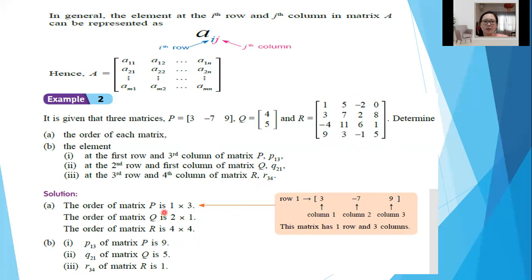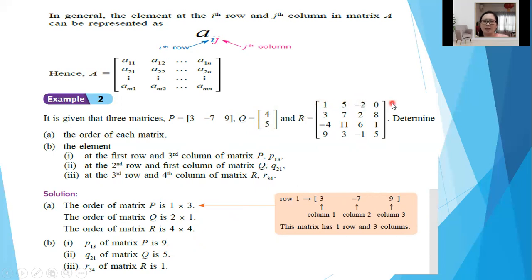The element at the first row and third column of matrix P. First row, third column. So column 1, column 2, column 3. So the element is 9. Second row and first column of matrix Q. Second row and first column. So our element is 5.